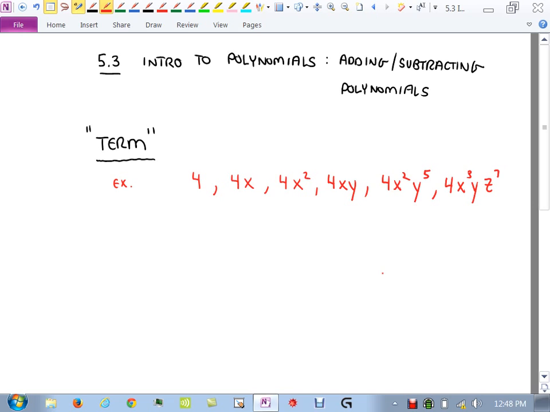X squared really means x times x. This means 4 times x times y. 4 times x times x times y times y times y times y times y. We don't write it that way, we just write y to the 5th. But everything here is implied multiplication. So a term is a mixture of numbers and letters and multiplication between those.